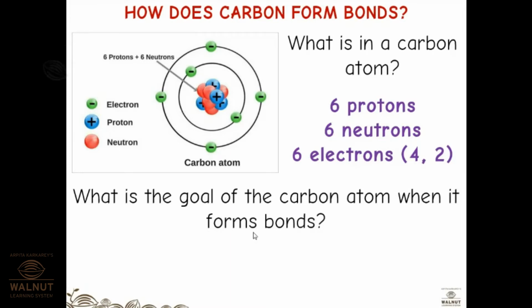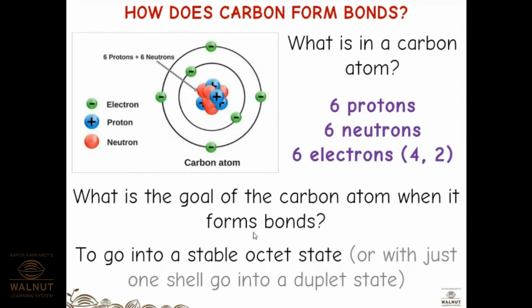Very good, Samiha. The octet state or the duplet state should be complete. To go into a stable octet state, octet means 8, there should be 8 electrons in the outermost shell, or with just one shell go into duplet state, as you see in case of helium.